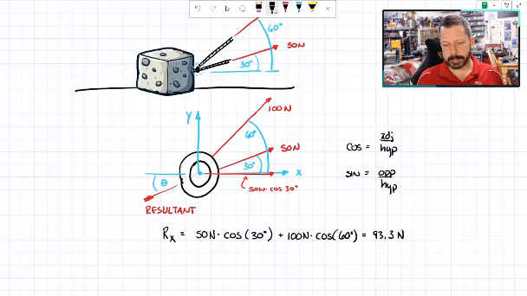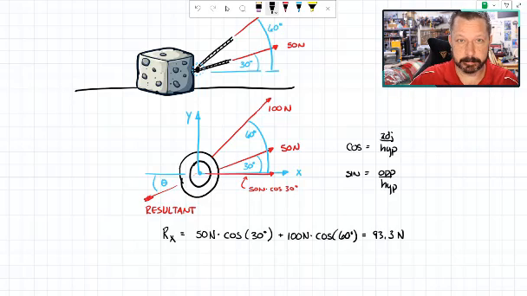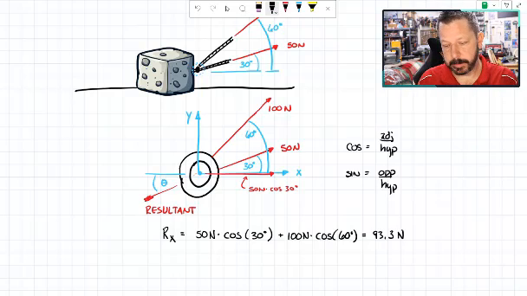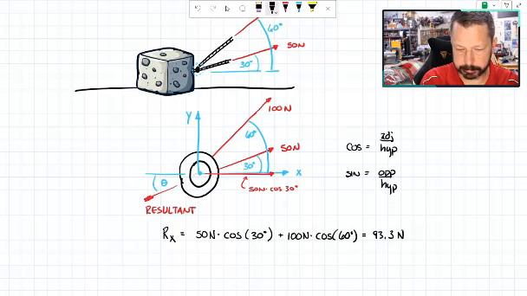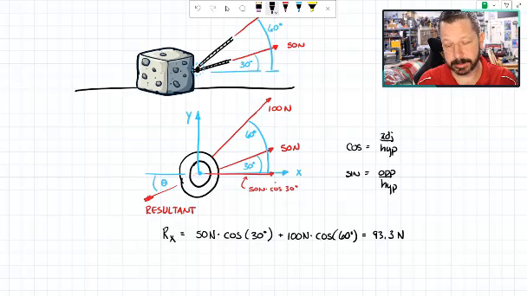So what this says is that if I were to add the 50 newton and the 100 newton force together, then the resultant, the resulting single vector, would have an X component that's 93.3 newtons. If I drew an arrow just in the horizontal direction, it would be 93.3 newtons long.